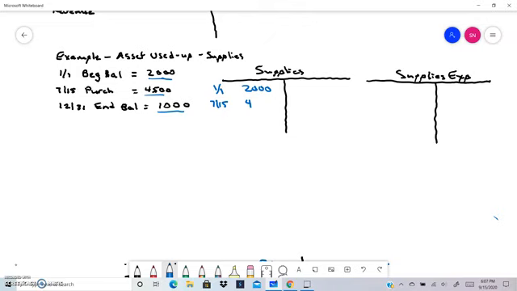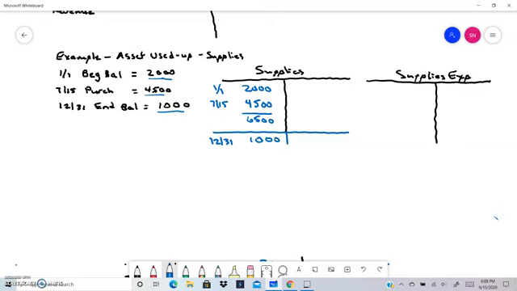So we would have had an increase in supplies of $4,500. Throughout the year, then, we would have had a total of supplies available to use of $6,500. At the end of the year, on 12/31, we go into the supply storeroom and count up all the supplies, and it looks like we have $1,000 left over.